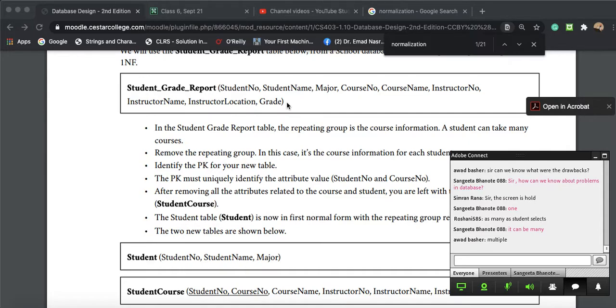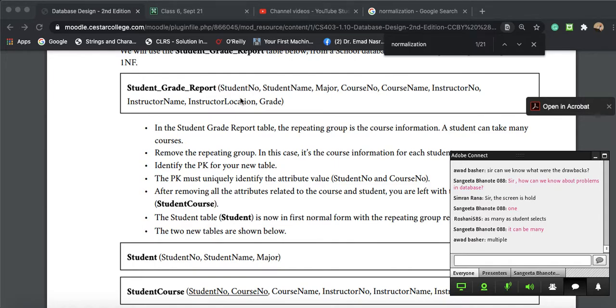You have to take all relations, all tables, one by one, and look at each one of them. If you find any one has repeating groups, then it's a bad design. It doesn't fit the first normal form.